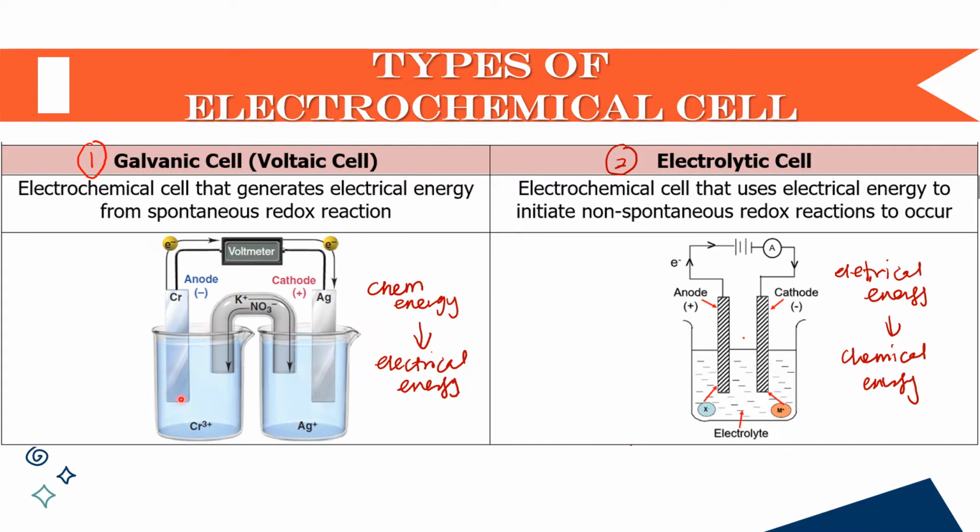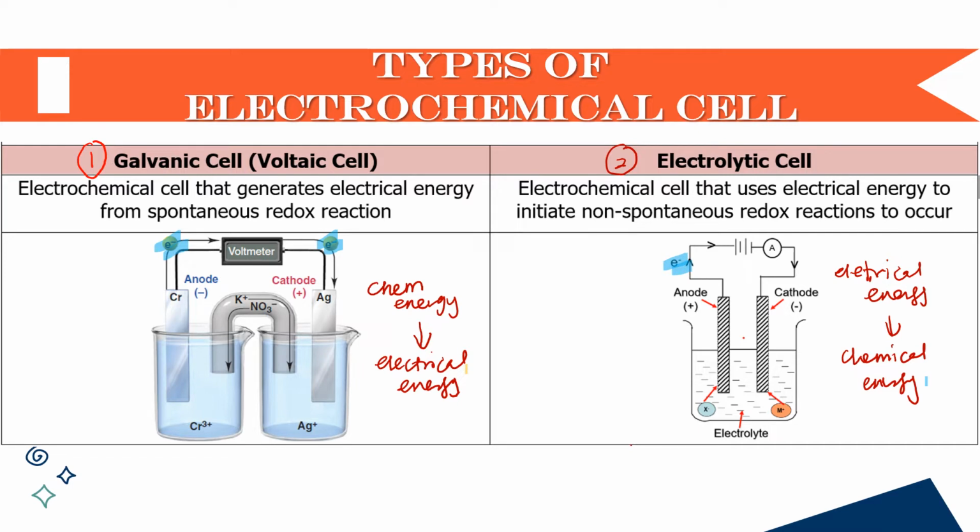For the galvanic cell, we are using the chemical reaction to produce electrical energy. And this electrical energy, like I mentioned before, is observed by the flow of electrons. You can see electrons moving in the circuit of each electrochemical cell.